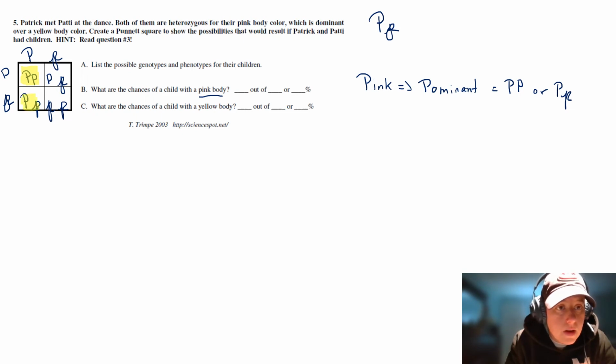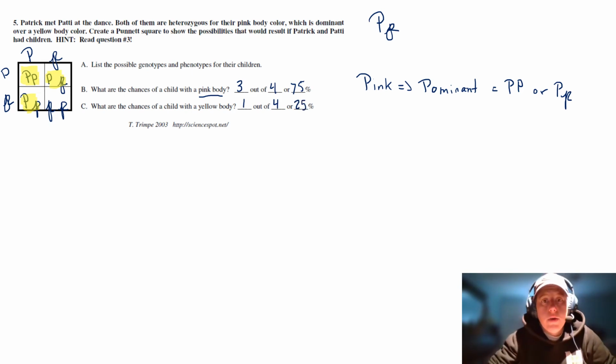We have this box right here that has a capital P and a little p, and this box right here that has a capital P, little p. So a pink body is 3 out of 4, or 75%, and there's only one chance where we have a yellow body, which is 1 out of 4, or 25%.